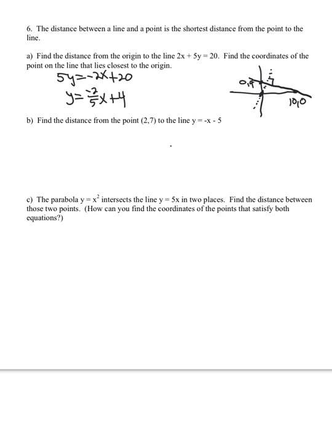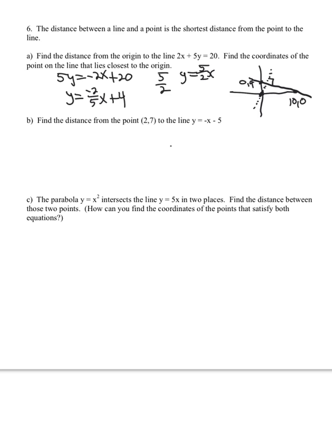That means the slope of our perpendicular line has to be 5/2. Since that line goes through the origin, its y-intercept is equal to 0. So in slope-intercept form, y is equal to 5/2 x plus 0, or just y is equal to 5/2 x.